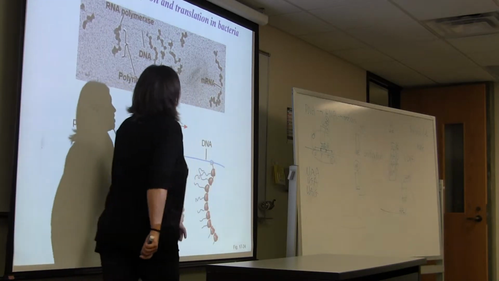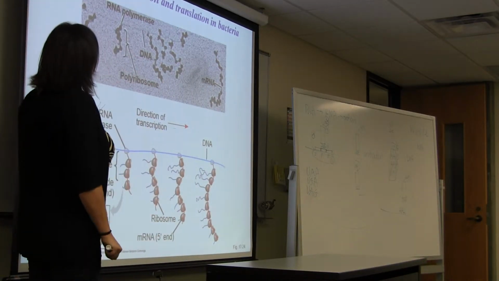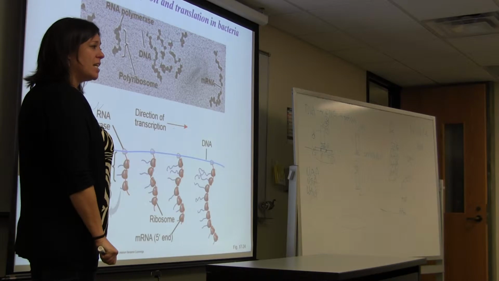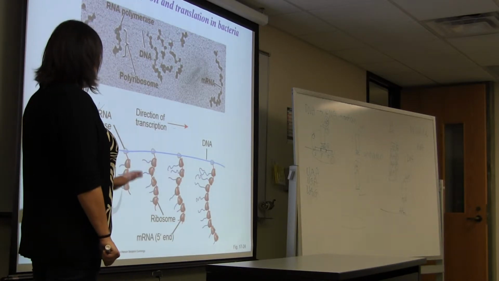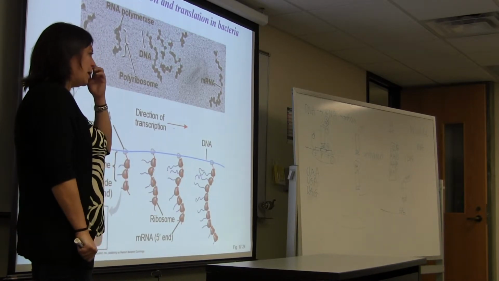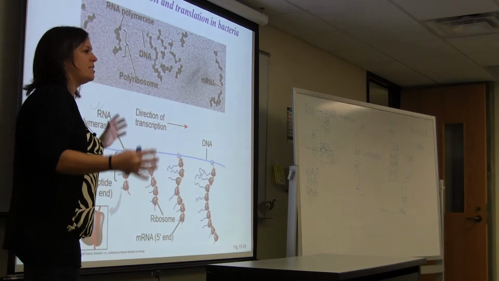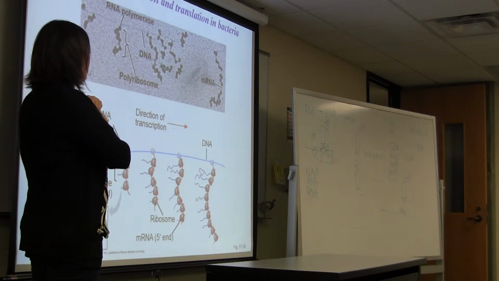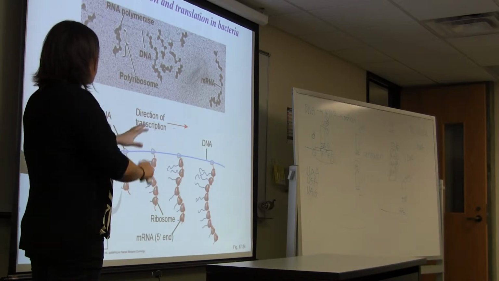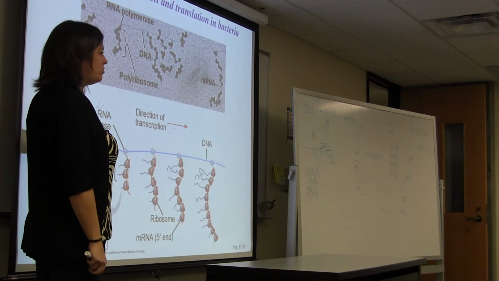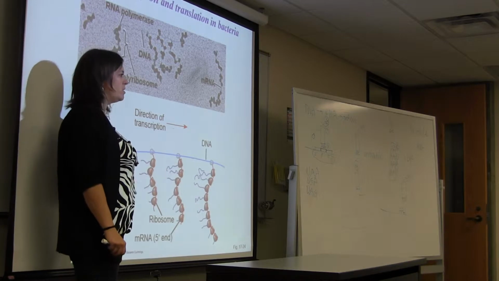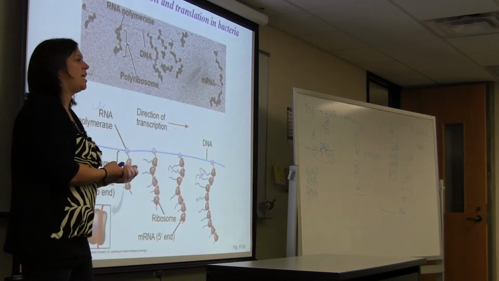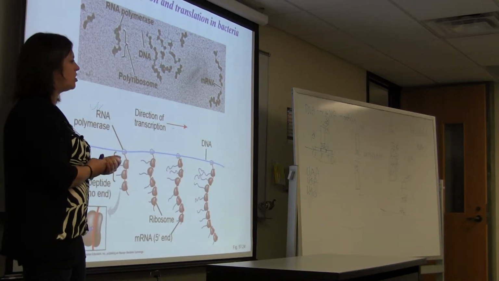So you get this coupling between transcription and translation in bacteria. The only reason this is possible is because bacteria don't have a nucleus and everything is occurring in the cytosol, or the cytoplasm. Eukaryotes are not able to do this. They can have the polyribosomes, but they can't have simultaneous transcription and translation.